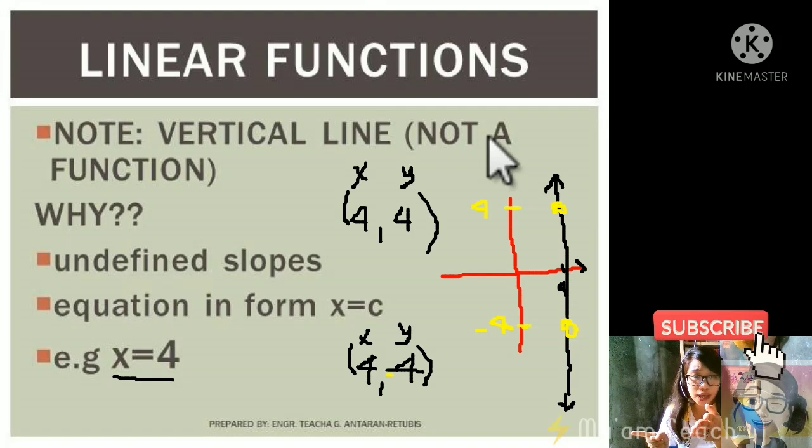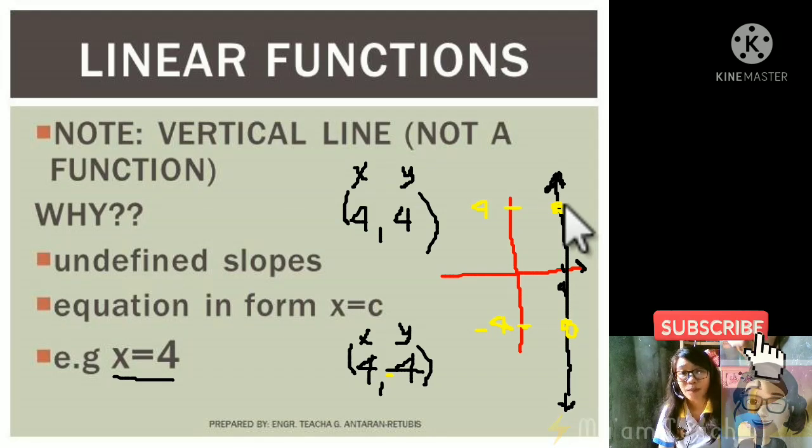In our case, there could be more values of y for just one value of x, because as you can see, class, this arrow indicates that it extends to infinity. So all positive values of y, and all negative numbers, which is downward, are in just one value of x. Okay? This means that vertical lines cannot be a function.